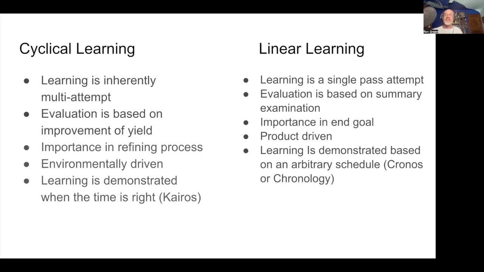Okay, when we talk about cyclical learning as opposed to linear learning. So cyclical learning, again, we're thinking about the seasons, and the seasons represent a cycle. We know that when we have a spring, or summer and then fall and then winter, we're going to have another spring again.